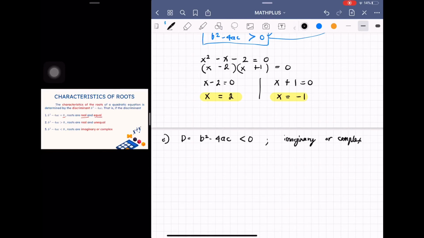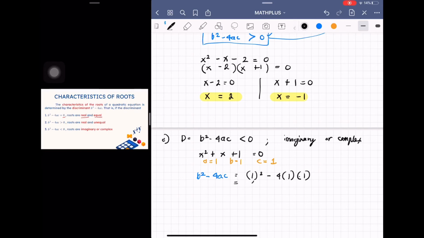Okay. Let's say, for example, we have x squared plus x plus 1 equivalent to 0. In this example, we are going to set a equal to 1 based on the general form. B is also positive 1 and C is also positive 1. So in this case, using the formula for your discriminant, which is b squared minus 4ac, this will be equivalent to, by substitution, 1 squared for b, minus 4 times a is positive 1 and c is positive 1.